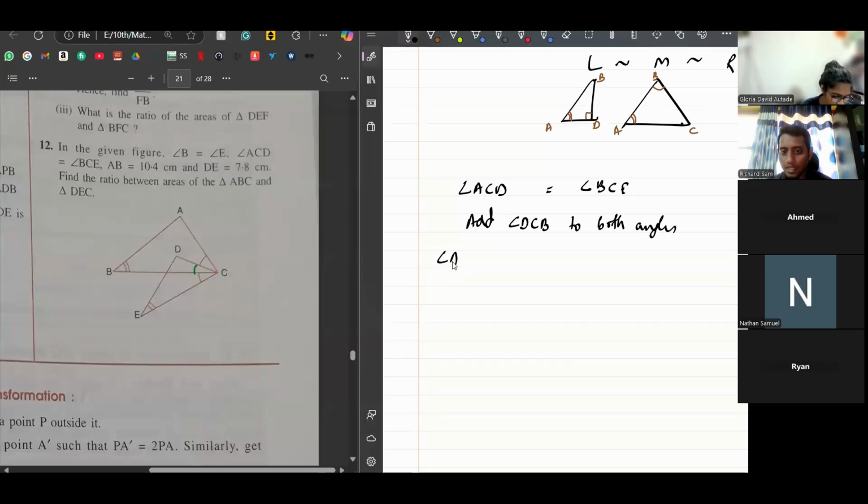So here angle ACD plus angle DCB. Here also you do the same thing. Add DCB. Angle BCE plus angle DCB. Now look at these two angles. When you add ACD and DCB, what do you get?